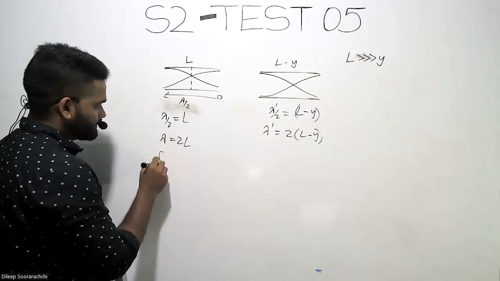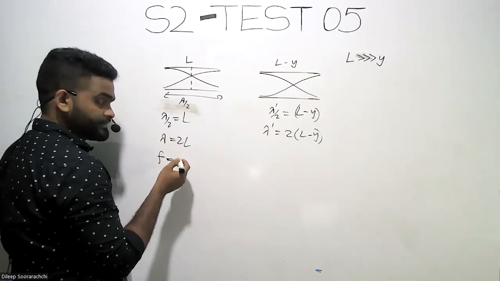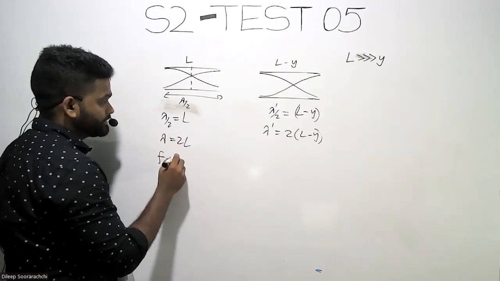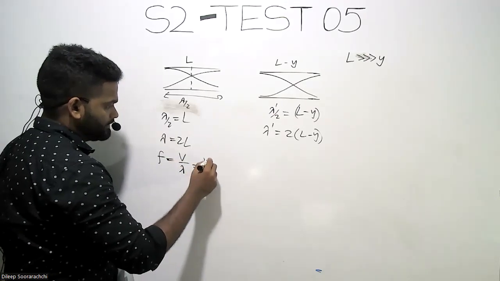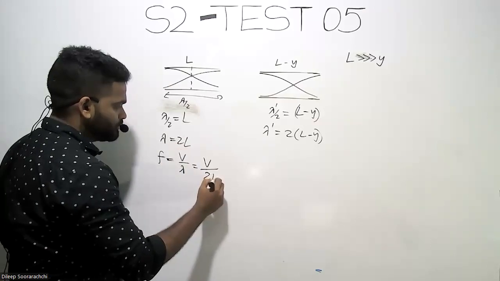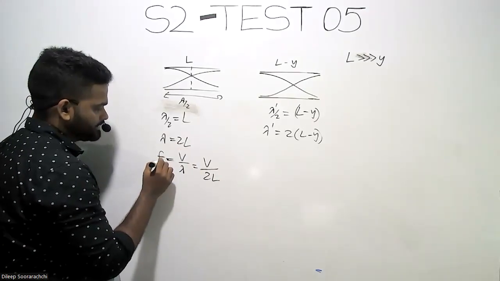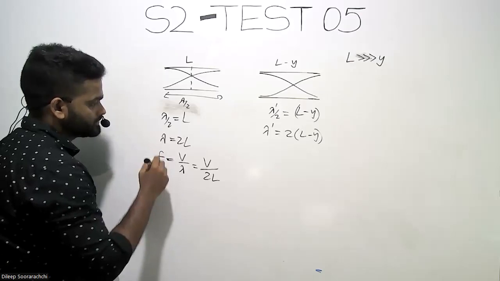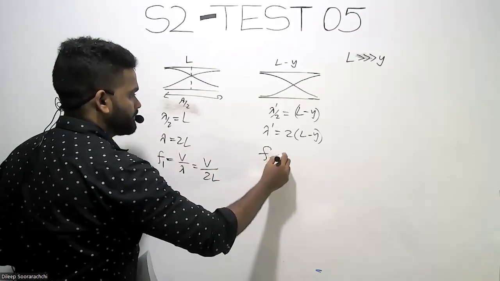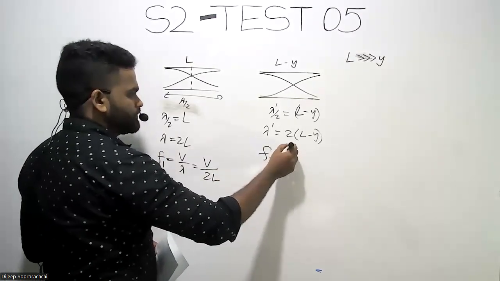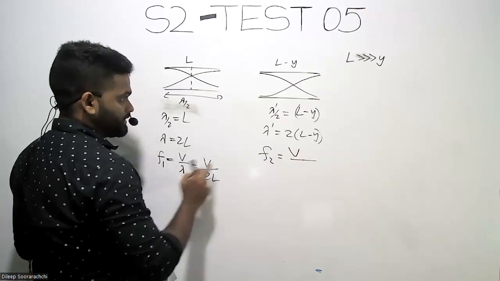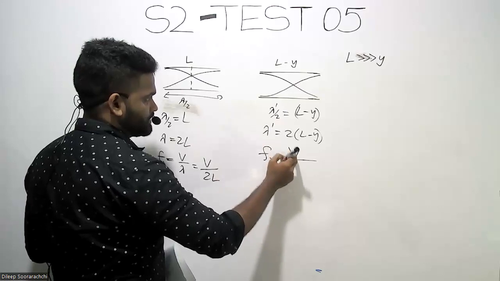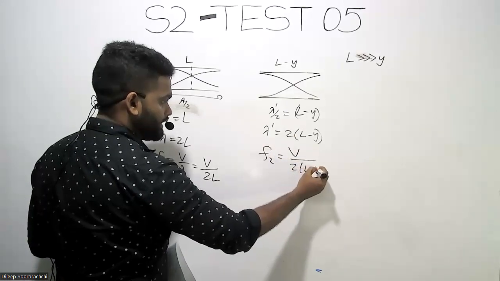Then let's find the frequency. I'm just applying v equals f lambda. So frequency is v divided by lambda. Here v divided by lambda, where lambda is 2L. Let's say this frequency is f1. Here f2, the sound velocity does not change, so it is still v. Lambda here is lambda dash, 2(L minus y).